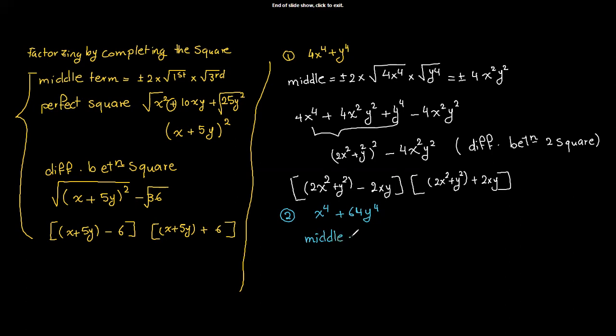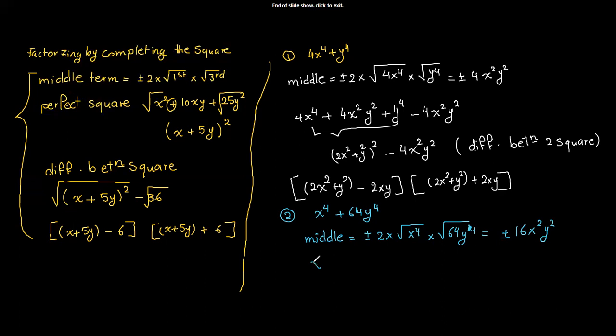The middle will be positive and negative 2 multiply root the first, x to the power 4, multiply root the third, 64y to the power 4. So to get this middle, it will be positive and negative 16x to the power 2 y to the power 2.